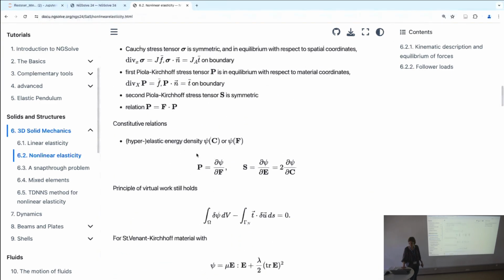But we know that the stress, whether you want the first or second Piola-Kirchhoff stress, is given as a derivative of your potential by the deformation quantity you need, either the deformation gradient or the strain tensor, depending on which kind of stress you want to visualize.